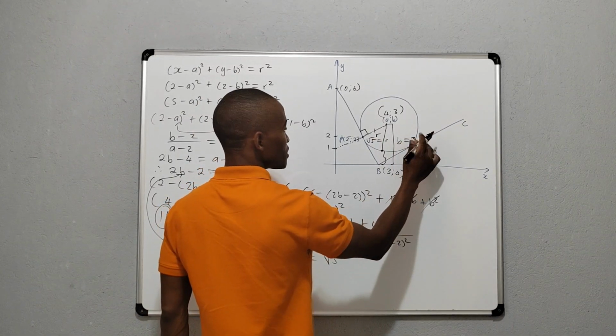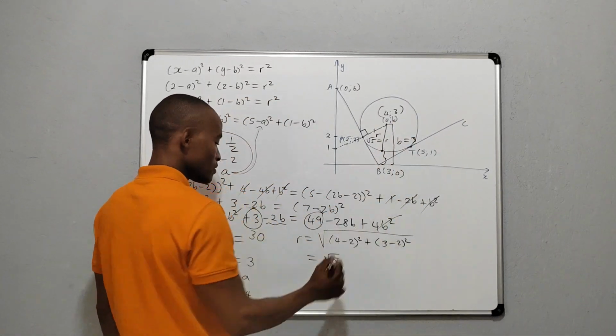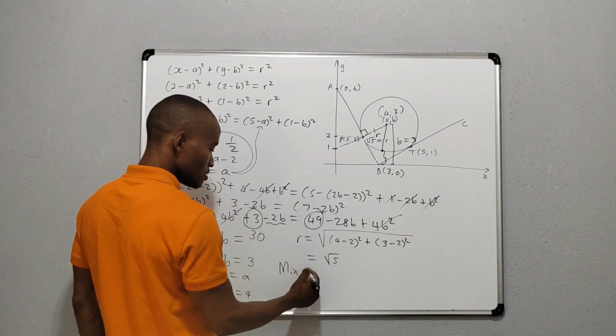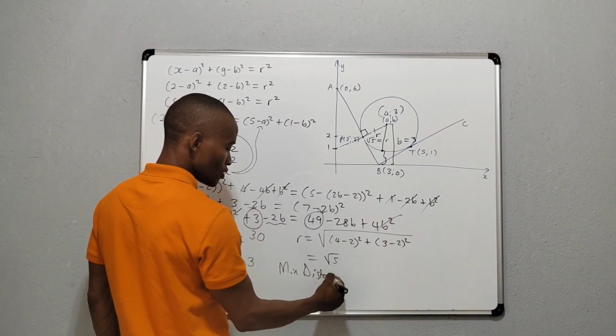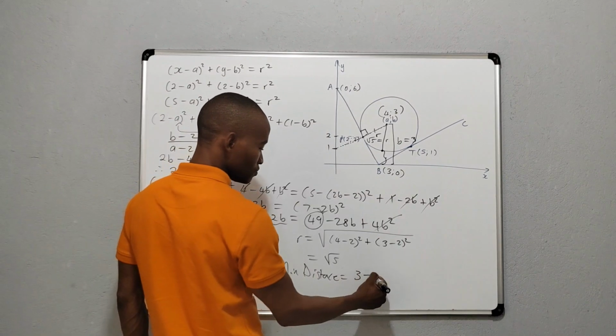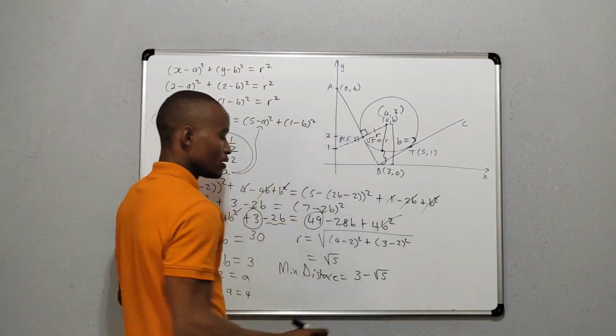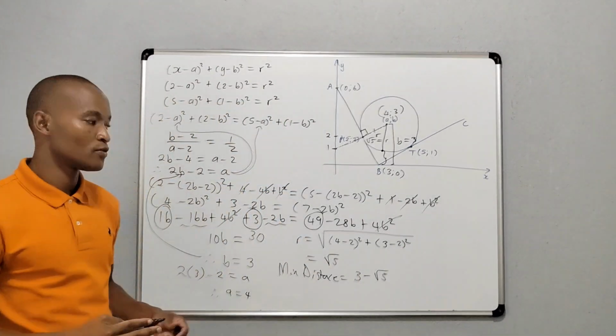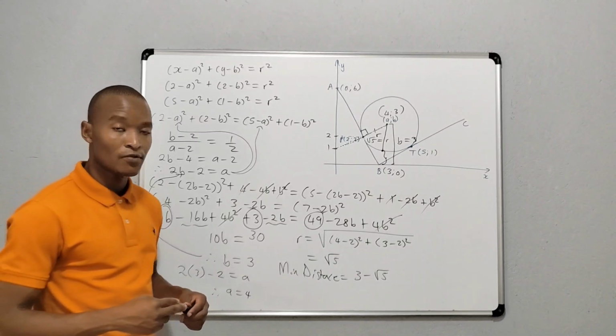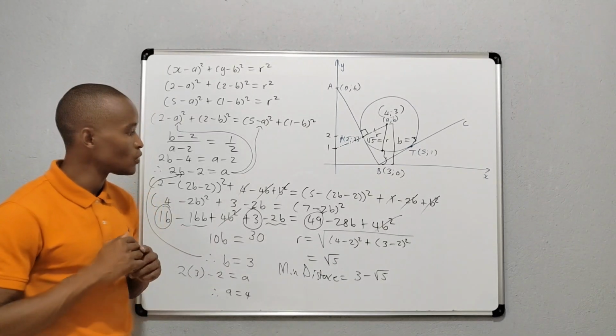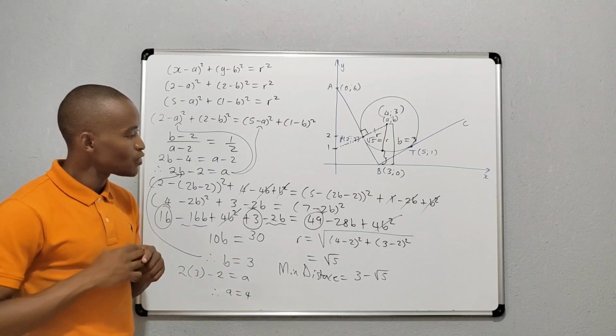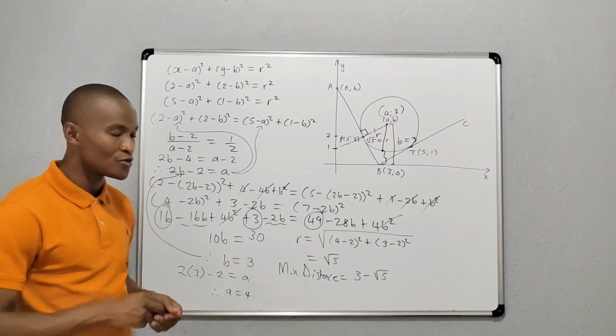The b value is 3. So 3 minus square root of 5 gives us the minimum distance that we're looking for in surd form. Okay, if you want to take it to decimal format, definitely you can do so. So yeah, it was an interesting problem, and here's the solution.